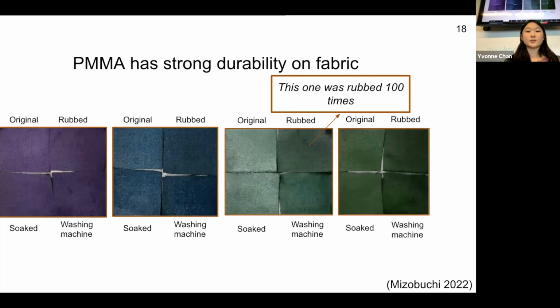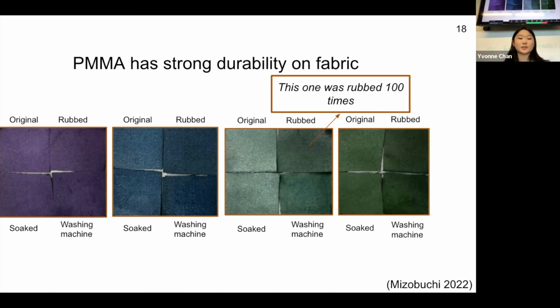The saturation also depends on the durability of the PMMA to stay on the fabric. We tested the durability using 3 tests. First, we soaked the spray-coated fabric in water and dried it. Second, we rubbed it with a paper towel 16 times, one of which was rubbed 100 times, as seen above.